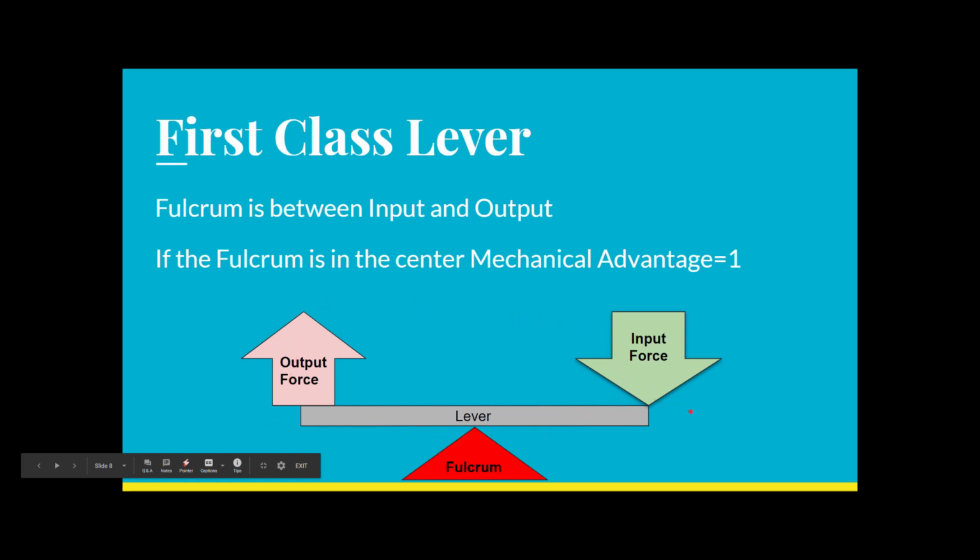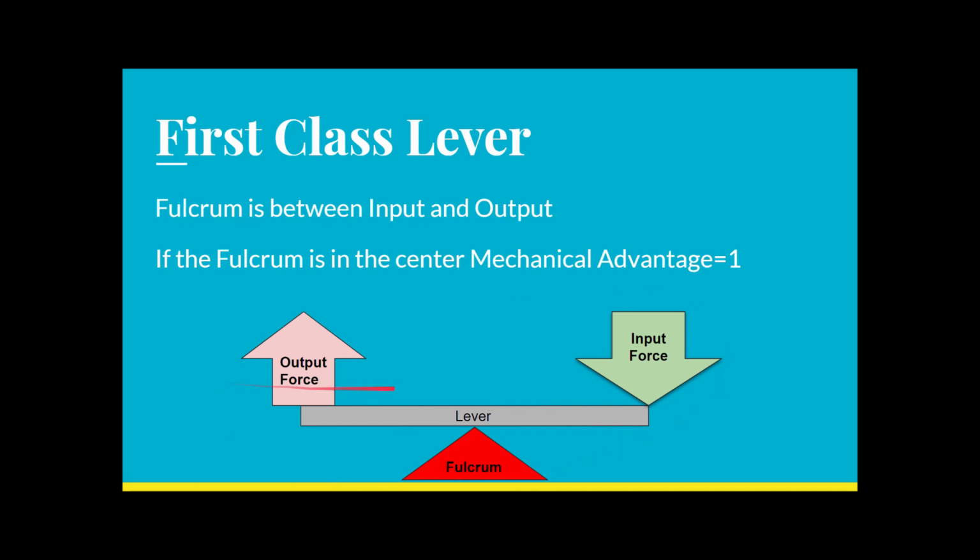An example of this would be something like a seesaw, where one person is on one side, one person's on the other, and both of them are perfectly in balance with each other. Neither has an advantage. So go ahead and pause the video now if you need time to write this down. And remember, you should write or do your best to draw this diagram as well.